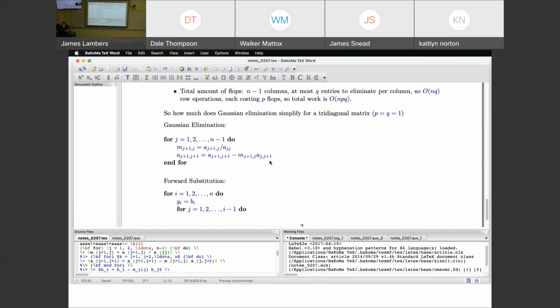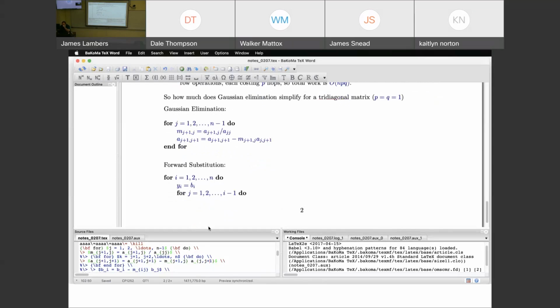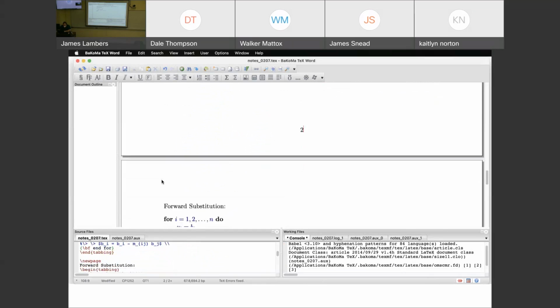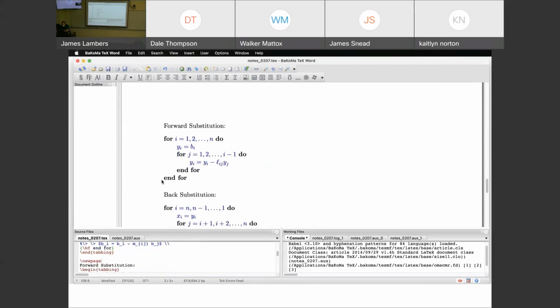All right, now for the forward substitution. Unfortunately, we can't see the whole algorithm here. Now, we're still solving for all the unknowns, so this outer loop is not going to change. But down here, notice that j starts at 1 and goes all the way up to i minus 1.